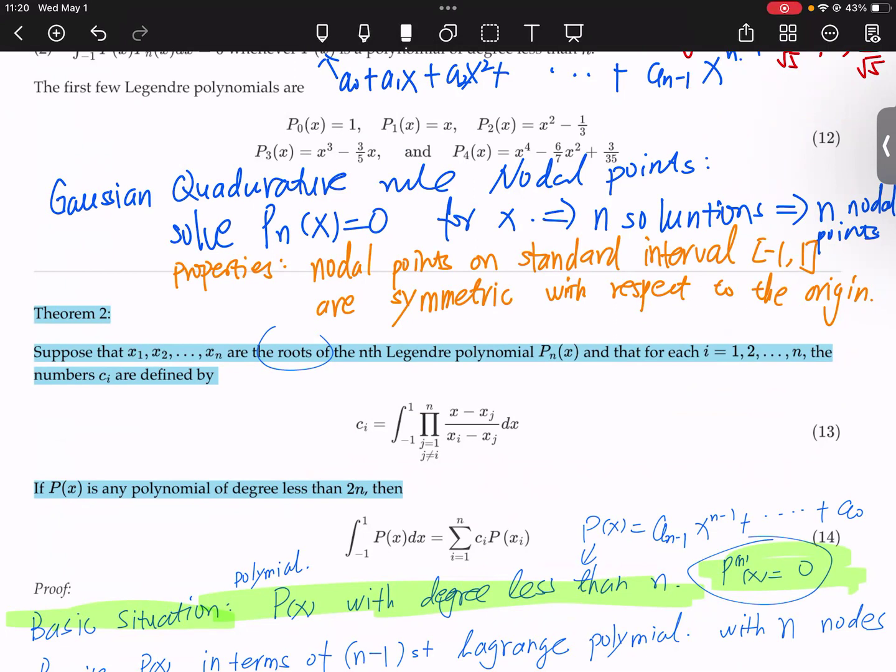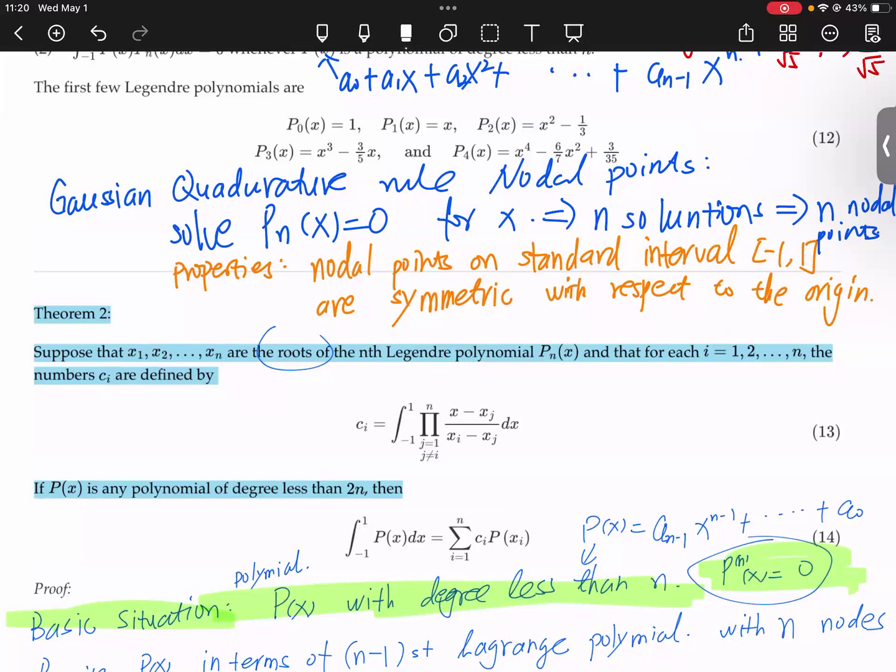Sometimes textbooks start the index from 0, and sometimes from 1, like the difference between Python and C++. Here we start from 1, and we have n points, which are just the roots of the nth Legendre polynomial. So now you have the node points.